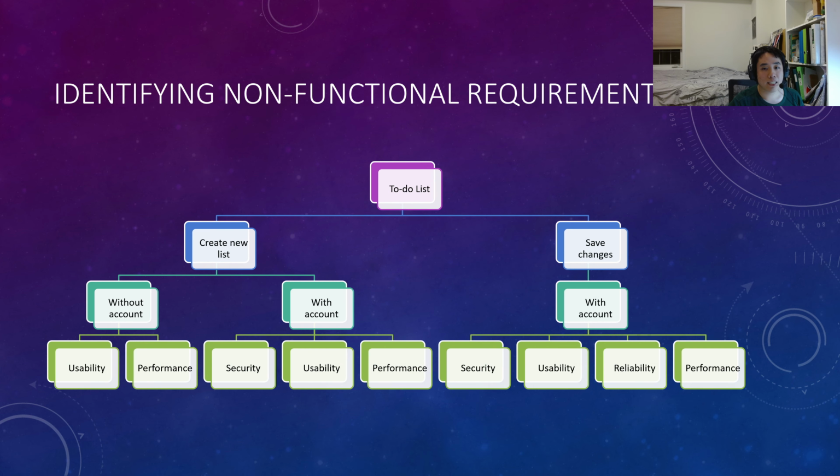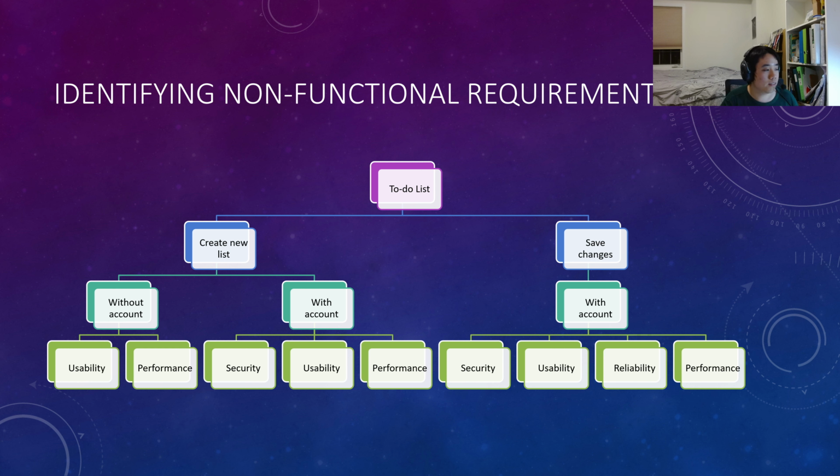The next thing is a sample diagram of how we break down requirements. For example, if I were to make a to-do list, I can create a new list and save changes.